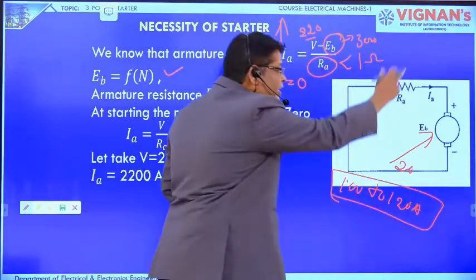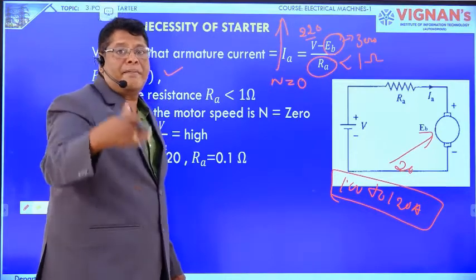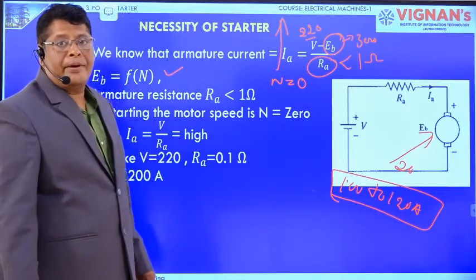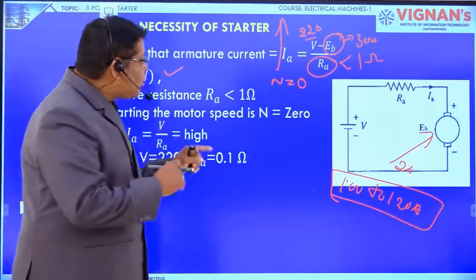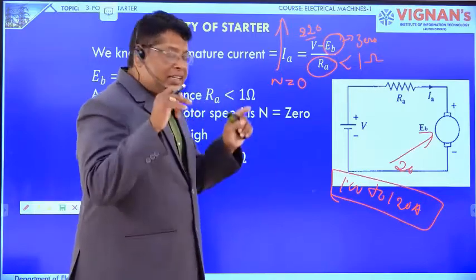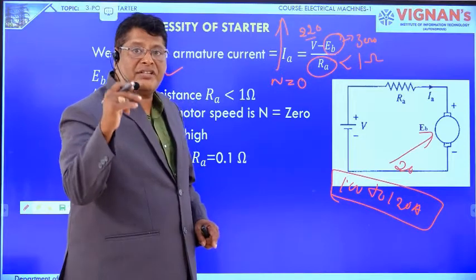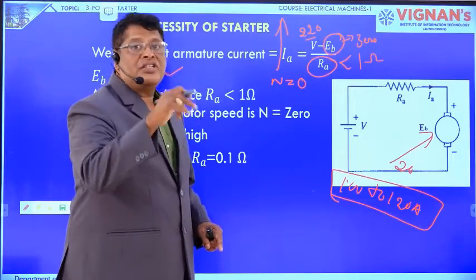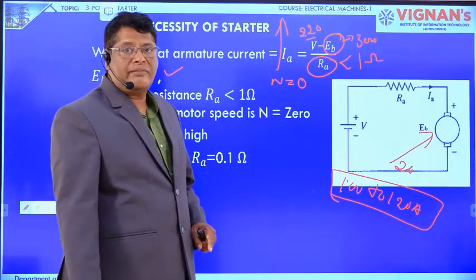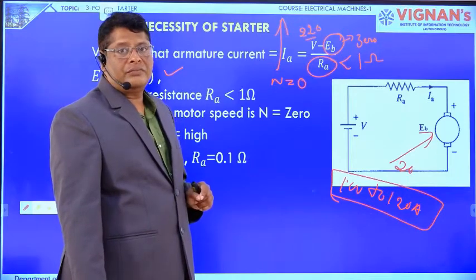If this much current flows through the motor, the motor will burn out. Why does the motor take that much current? Because at the time of starting the speed of the motor is 0, so the back EMF is 0.